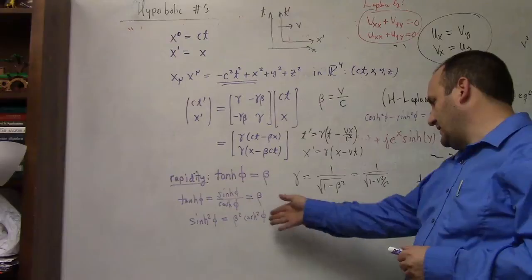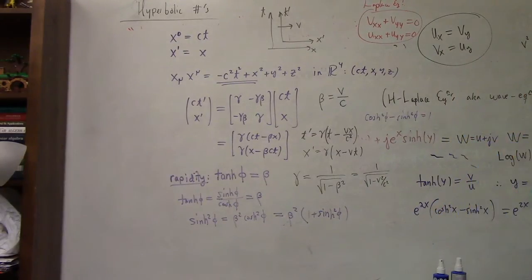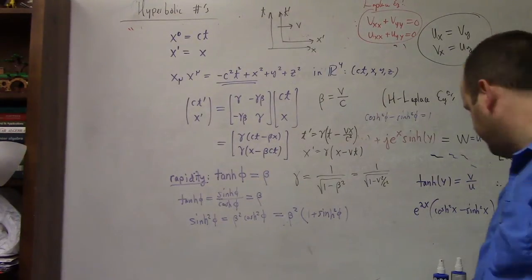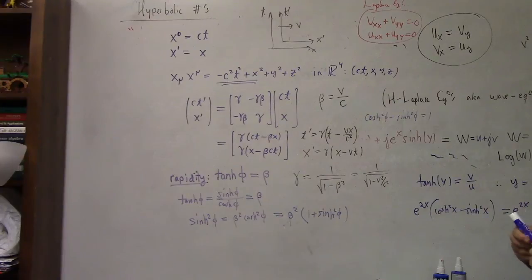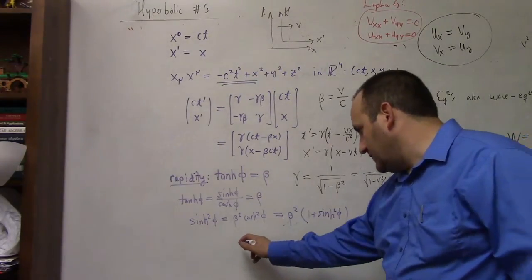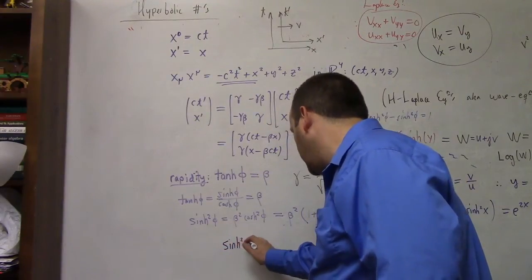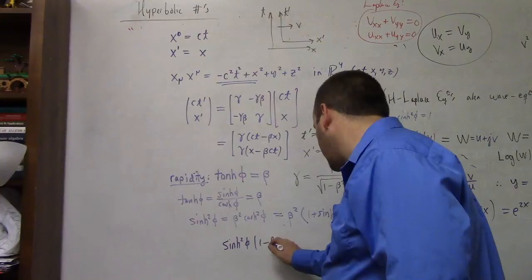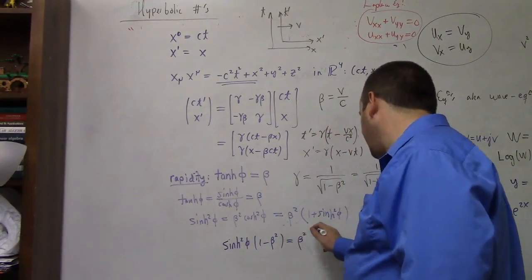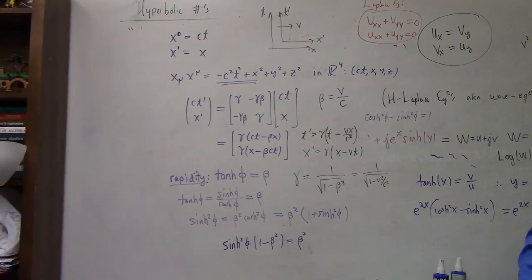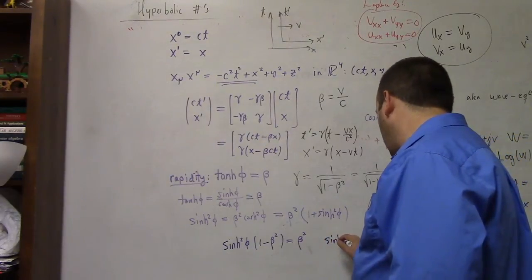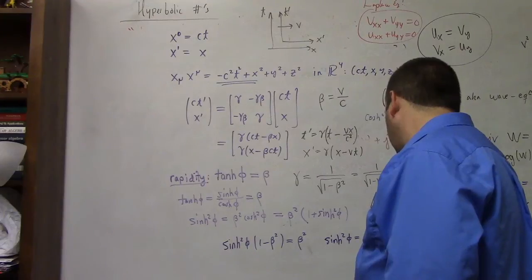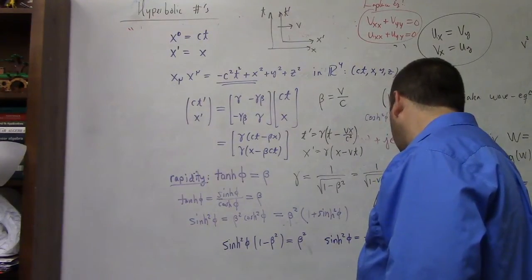So here we get this identity between beta squared and sinh. What does that force sinh to be in terms of beta? We've got sinh squared phi times 1 minus beta squared equals beta squared. Subtracting that to the other side, sinh squared phi is equal to beta squared over 1 minus beta squared.